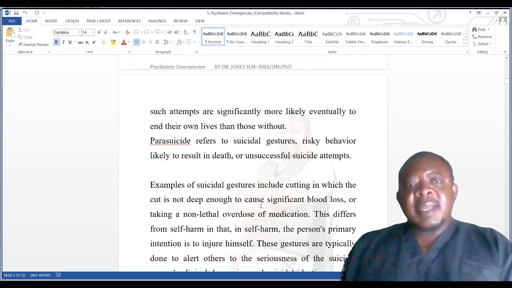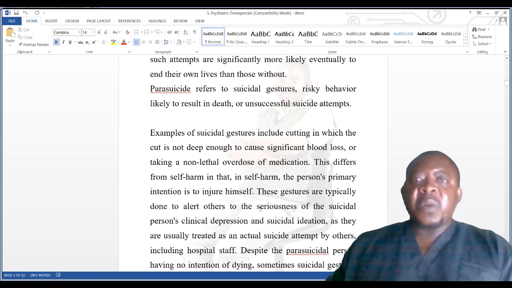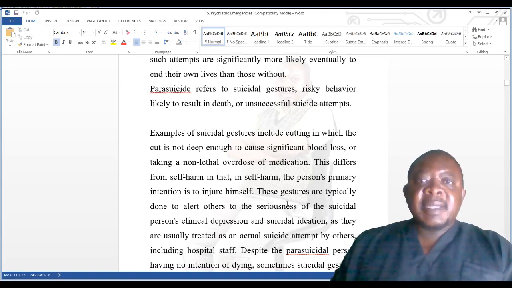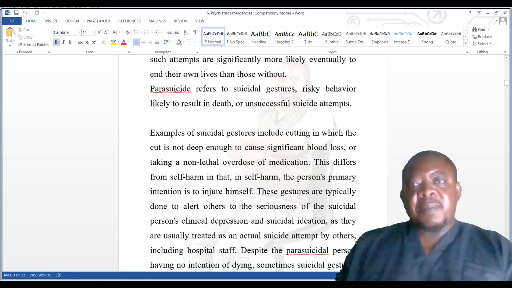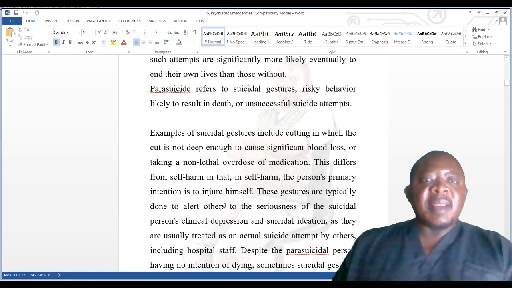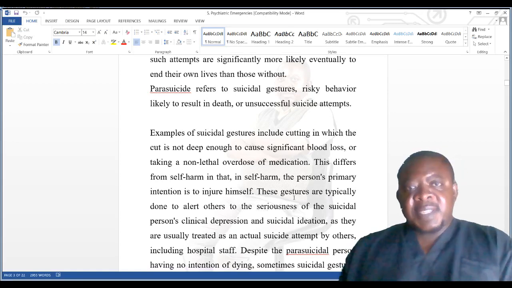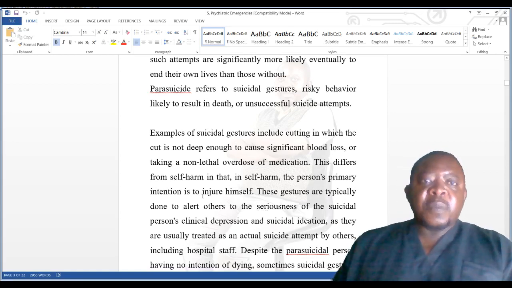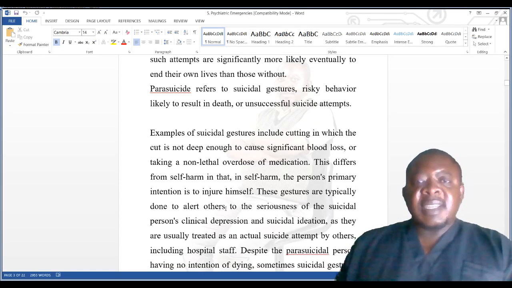Examples of suicidal gestures may include cutting, in which the cut is not deep enough to cause significant blood loss, or taking a non-lethal overdose of medication. This differs from self-harm in that in self-harm, the person's primary intention is to injure oneself.